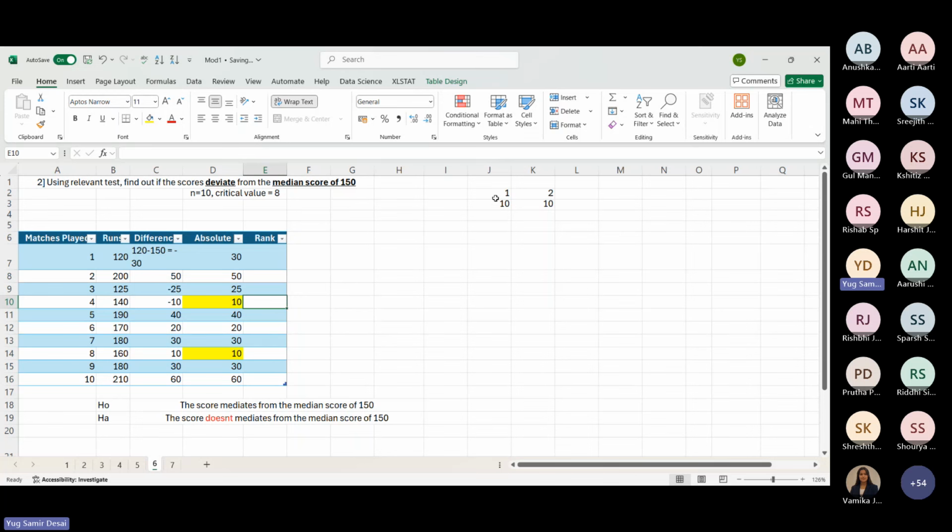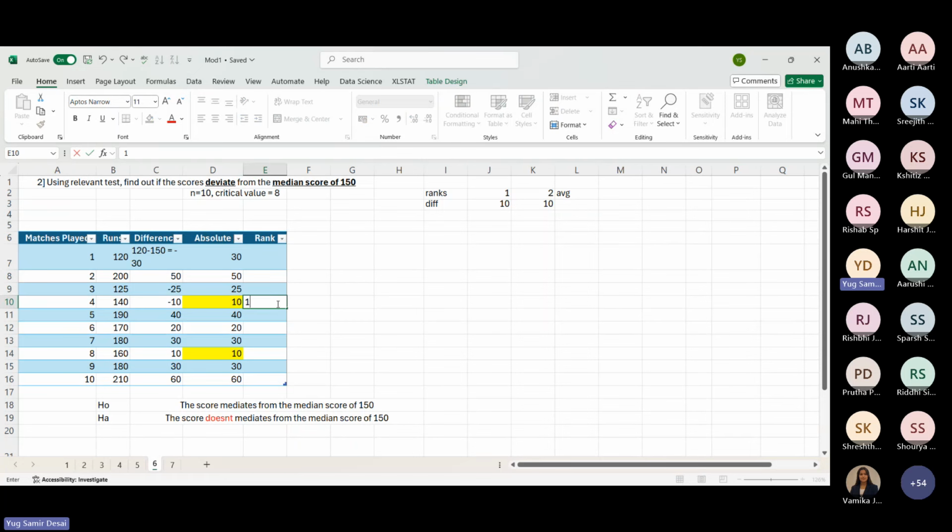Hence, we take the average of the ranks for the equal values.